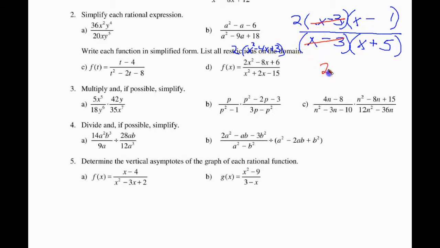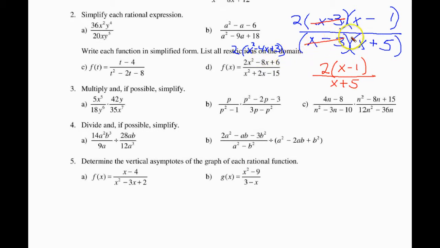So what am I left with as an answer? Well, you can go 2 times x minus 1 all over x plus 5. This is how they want you to leave the answer, in factored form. But what are your restrictions to the domain?